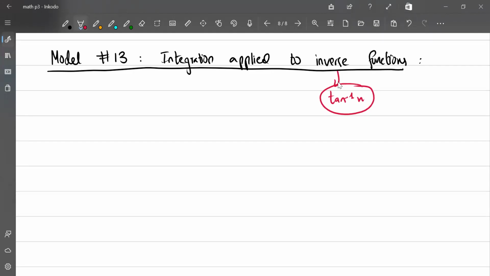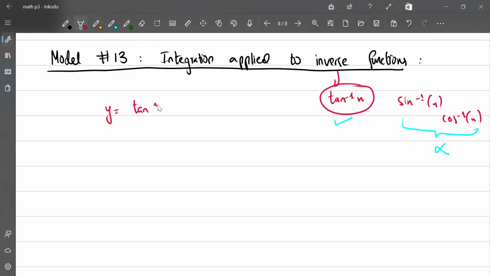Sin inverse x and cos inverse x are not part of our course. This is the only inverse function that is part of our course. So firstly, let's recall differentiation of this function which we studied.